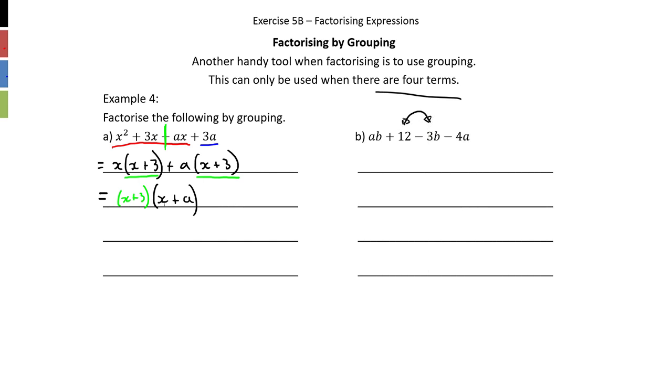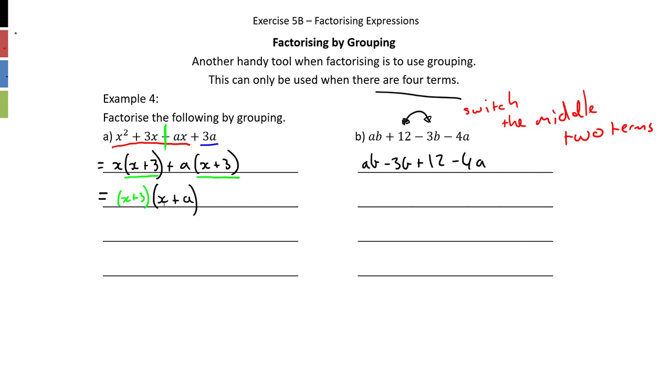Most of the time, with four terms like this, if you can't factorise by grouping, switch the middle two terms. So we're going to write this as ab minus 3b plus 12 minus 4a.